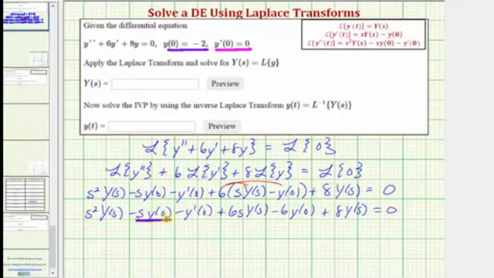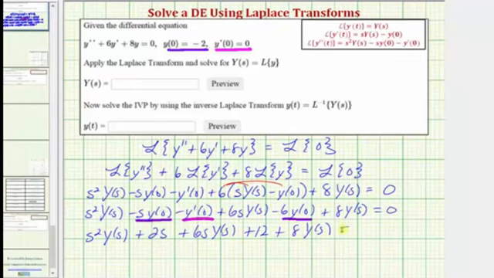So we'd have s squared times big Y of s, minus s times y of 0, which is minus s times negative 2, so we have plus 2s. Y prime of 0 is 0, so this term drops out, and we have plus 6s times big Y of s. Here we have minus 6 times y of 0, which is minus 6 times negative 2, so we have plus 12, plus 8 times big Y of s equals 0.